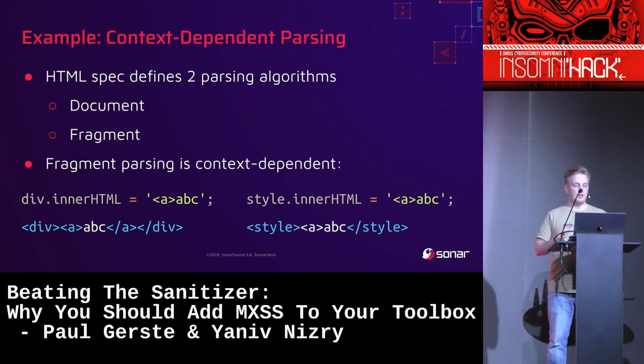But if we do the same thing on a style tag, then the thing that we already know happens: everything inside the style tag should be raw text. So the parsing is in raw text mode and just puts the text in there. And this could also go wrong if a sanitizer doesn't know where sanitized HTML will end up, so that it parses and then sanitizes stuff wrongly.